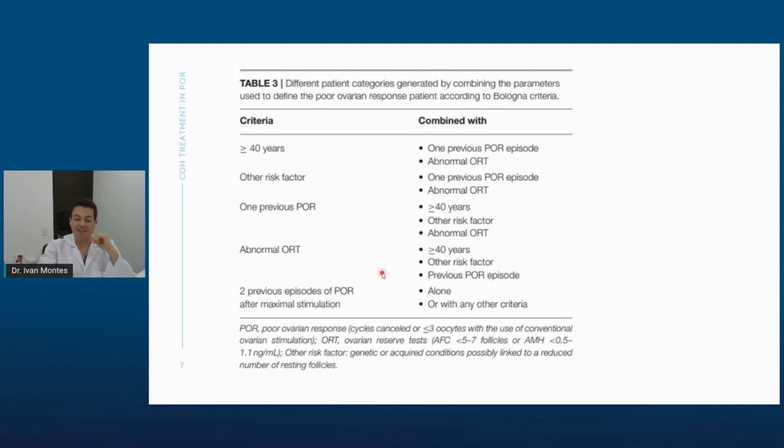And they're so difficult to include the patients in this Bologna criteria. So right now we're not using the Bologna criteria to classify patients.